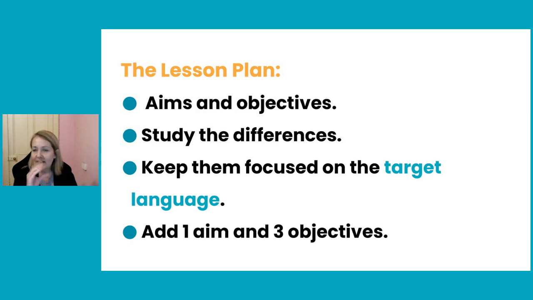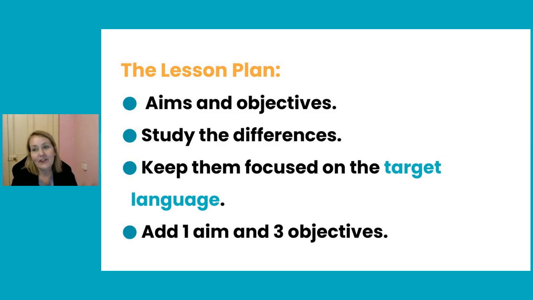So the objectives are the little bite-sized chunks, the step-by-step things they need to do within the bigger aim. I think that's a way of explaining it. I also was very confused about the difference between aims and objectives, but the aim is the overarching thing, and the objective is the small chunks within it.